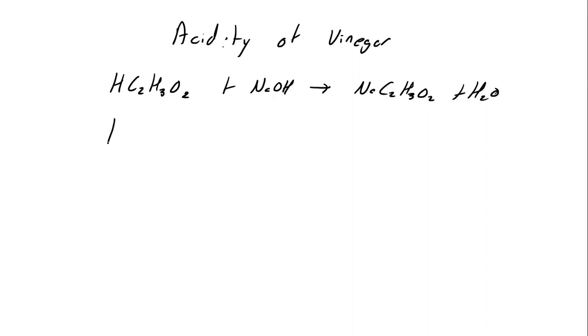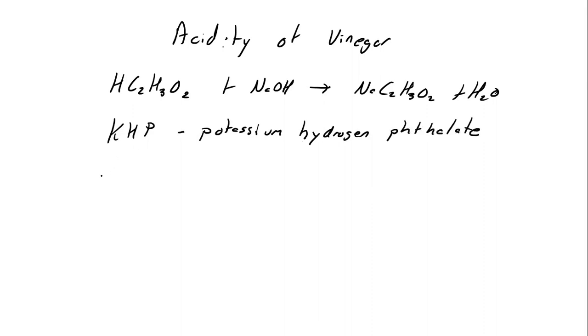So I'm doing something called KHP, which is not potassium hydrogen phosphorus. It's potassium hydrogen phthalate. And it is KHC8H4O4.